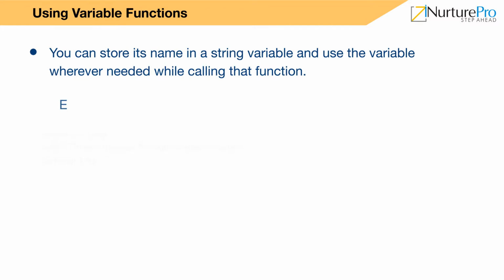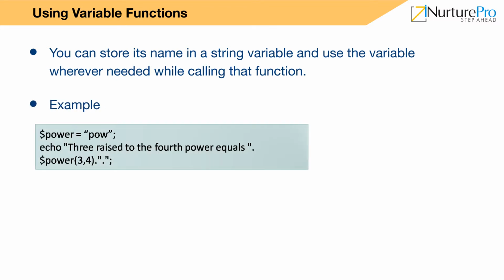The following is an example. $power = 'pow'; echo '3 raised to the 4th power equals', $power(3, 4). In the code, you can see that the $power variable stores the name of the function. This variable is then used in the second line instead of directly specifying the function name.